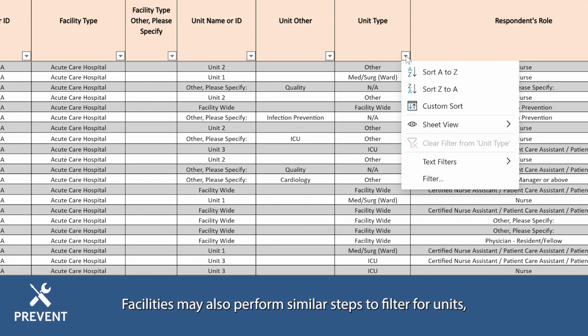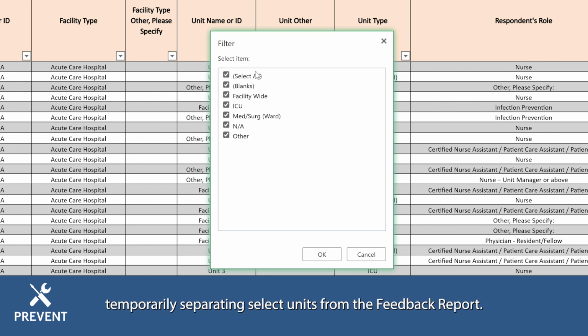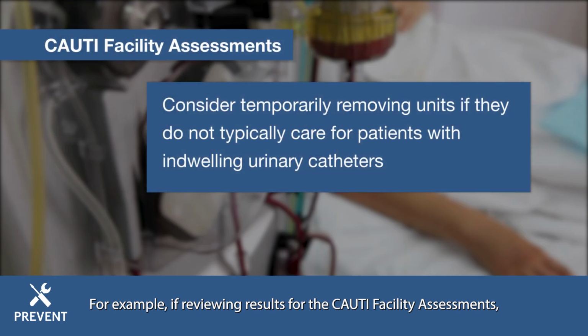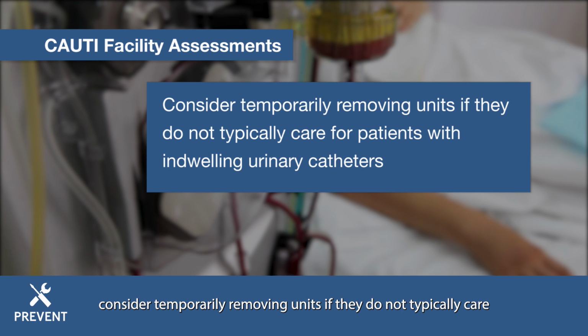Facilities may also perform similar steps to filter for units, temporarily separating select units from the feedback report. For example, if reviewing results for the CAUTI facility assessments, consider temporarily removing units if they do not typically care for patients with indwelling urinary catheters.